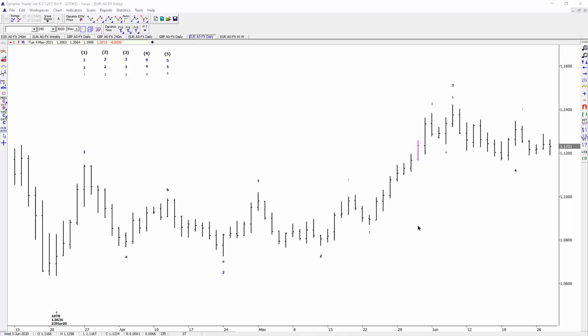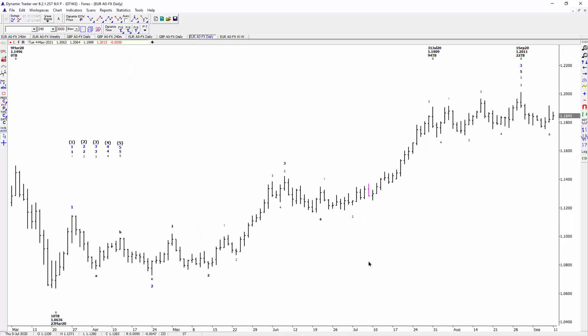I'll go ahead and expand this data a bit. So there we have all of the data up into the higher time frame wave 3, and it's actually broken down into, let me start back here. This is the wave 3, and here's the 1, 2 of 3, and then here's the 1, 2, 3, 4, 5 that completes the 3, then the wave 4 correction.